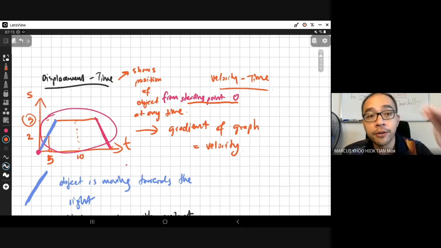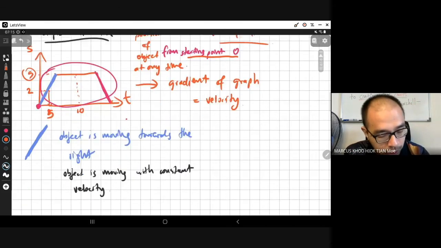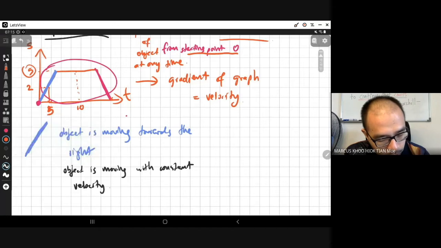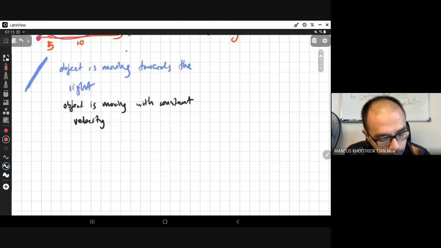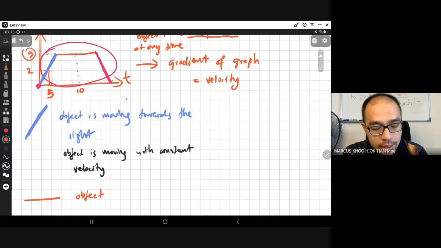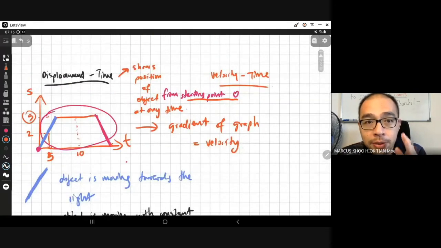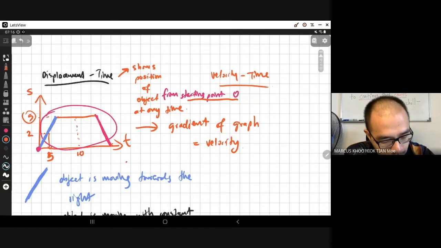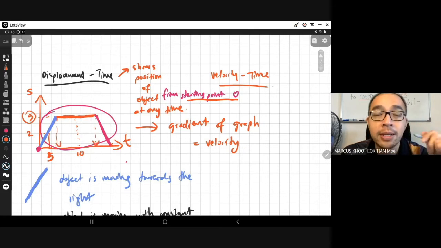If the gradient is 0, so in the case of the orange line, I'm going to talk about the orange line now. I said already just now, displacement time graph shows you the position. And since this entire time, from this time until this time, the object is at the same position.